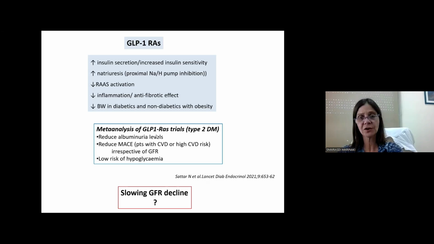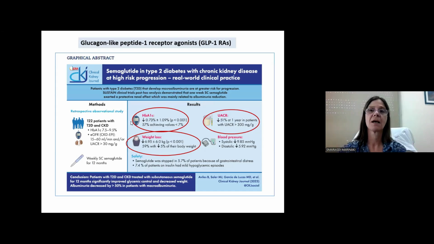Coming to the burning question, whether this category of drugs slows down the GFR decline, we have yet no definite answer. We have small studies, such as this Spanish study published in the Clinical Kidney Journal in 2022. 122 patients with type 2 diabetes and CKD were treated with semaglutide, a GLP-1 RA.